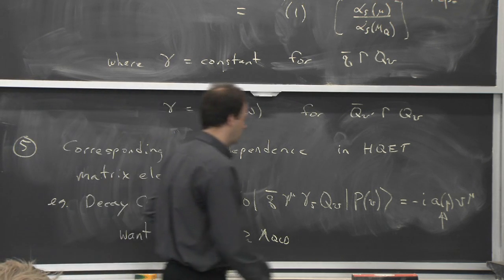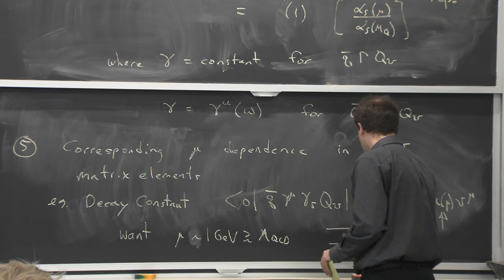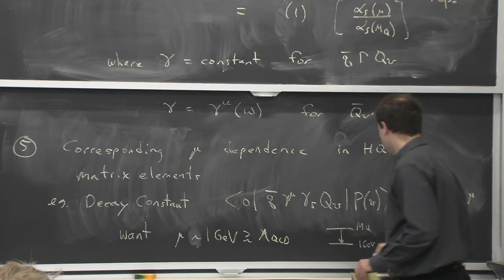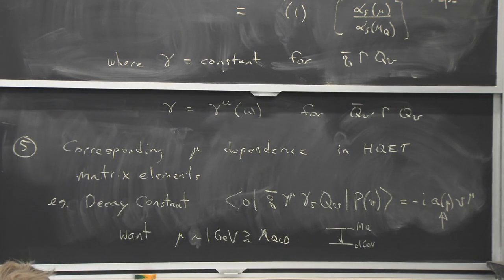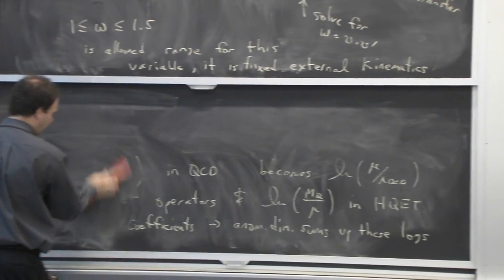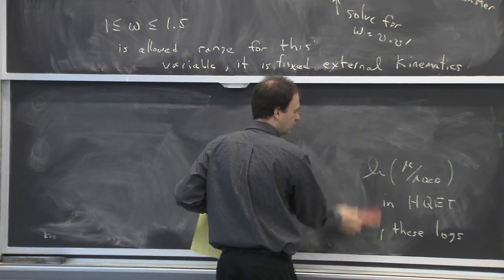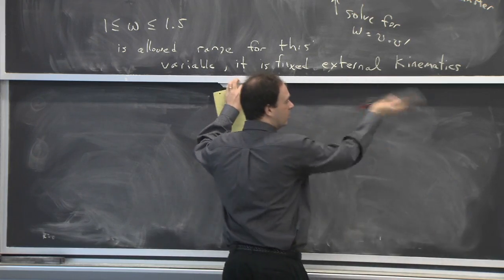Okay, so that's how the renormalization group evolution story would be. You don't want to run all the way down to lambda QCD because the anomalous dimension has to remain perturbative. So you decide what your cutoff is for where you think perturbation theory is still valid. And often people pick something like 1 GeV or 1.5 GeV for these types of problems.